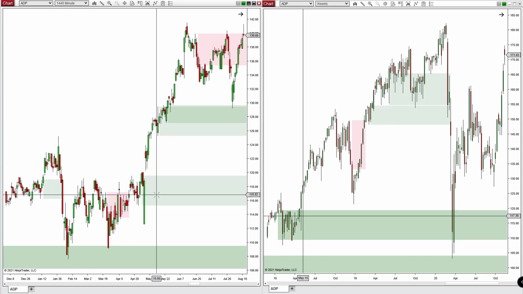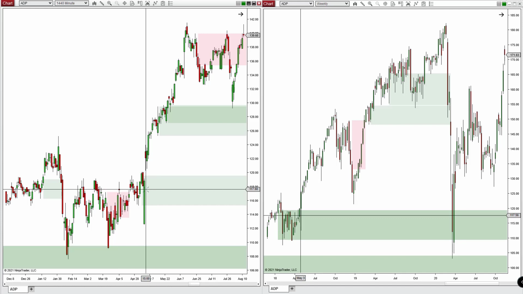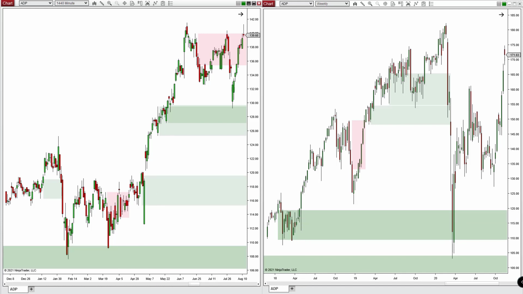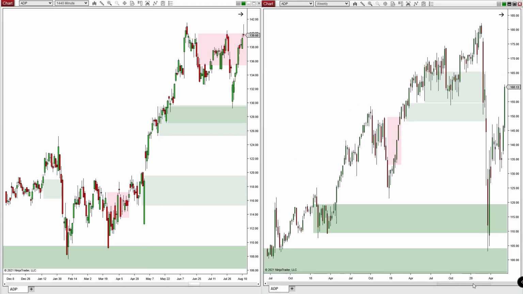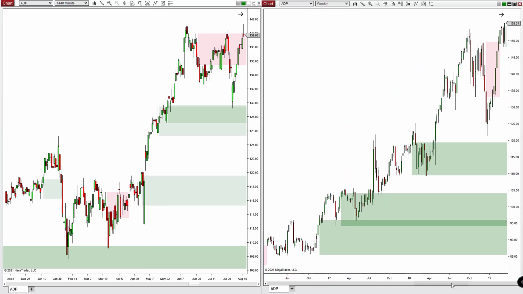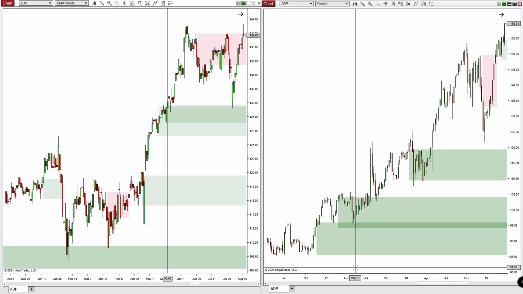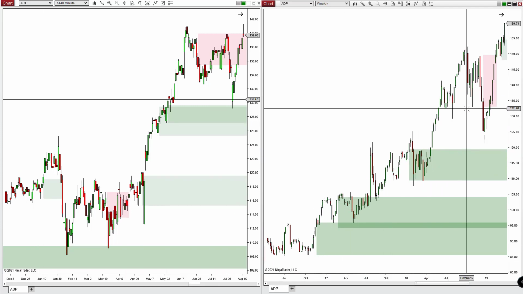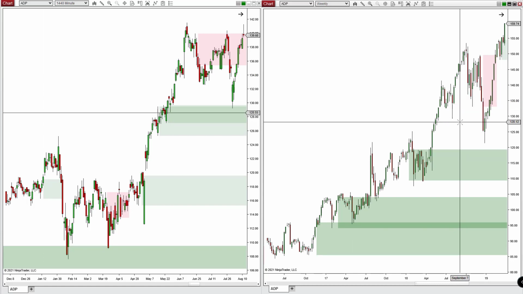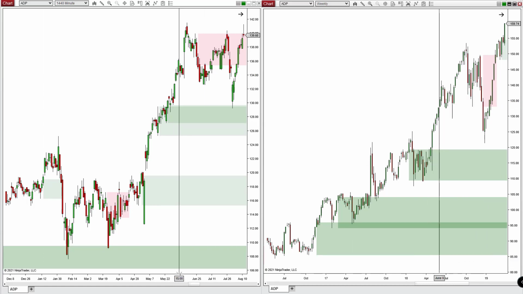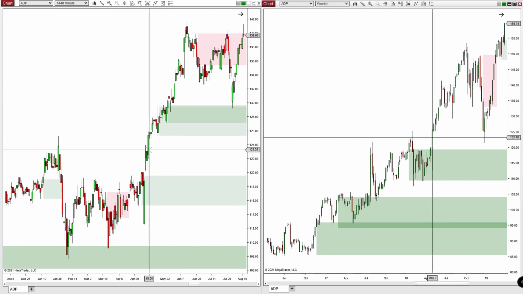With the free version, you just apply the indicator on both charts. You can easily go through here and determine the trend. Again, reference the video to figure out how to do that. We can clearly see that the trend is bullish all through here on the weekly, and then we can come over to our daily and look for trades.